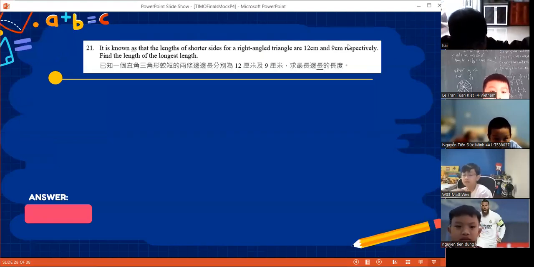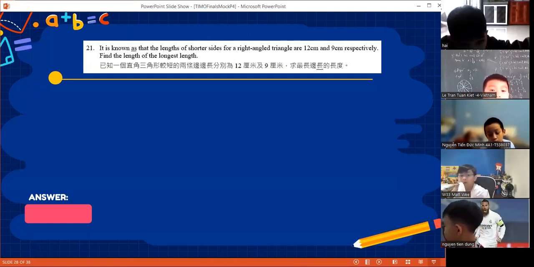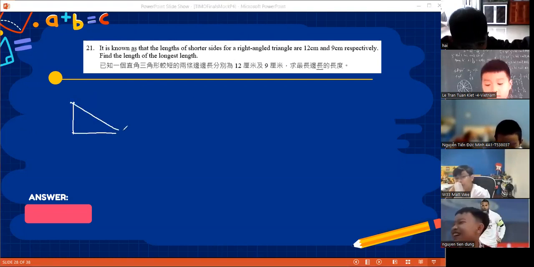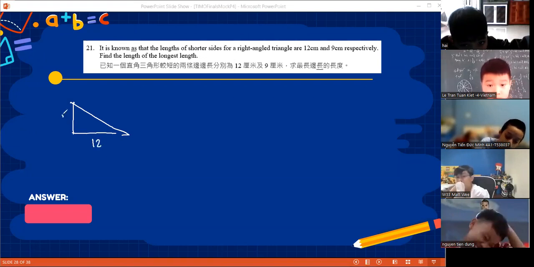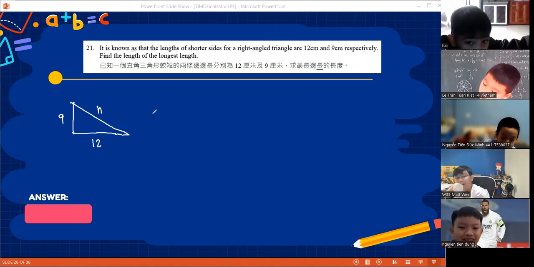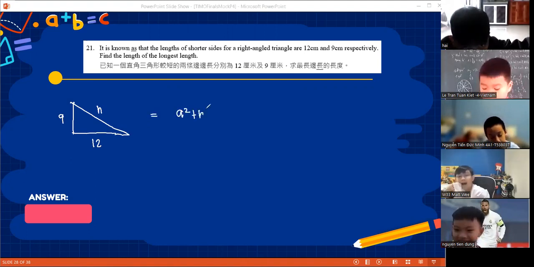Okay, this one. It is known that the lengths of the shorter sides are 12 and 9 respectively. Very easy. You need to know the Pythagorean theorem. So this is your 12 and 9. We're gonna solve for h, which is the hypotenuse, the longest side. So this is just a squared plus b squared is equal to c squared.